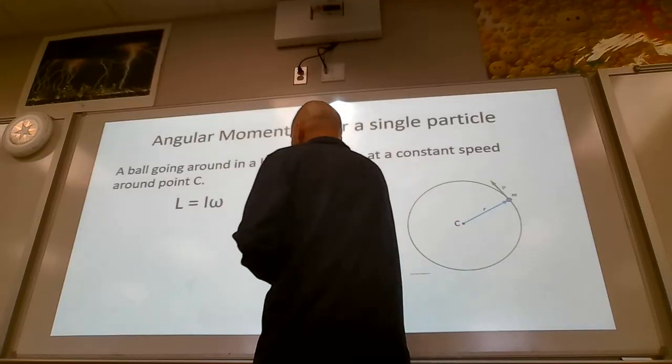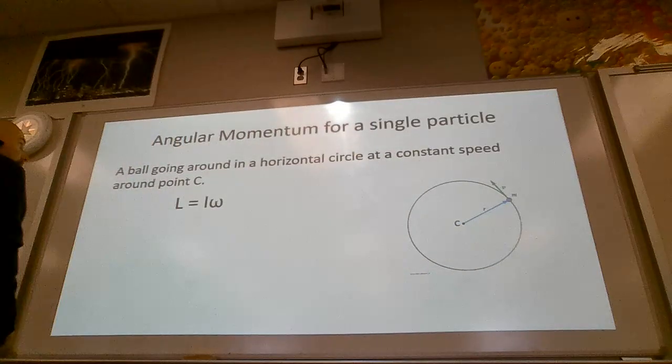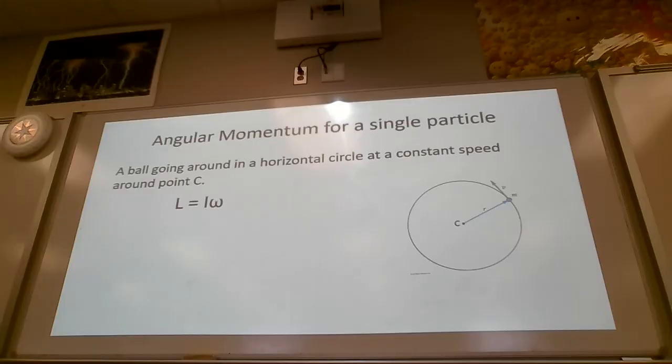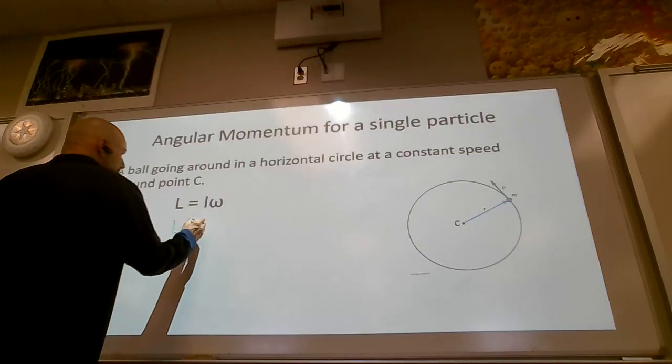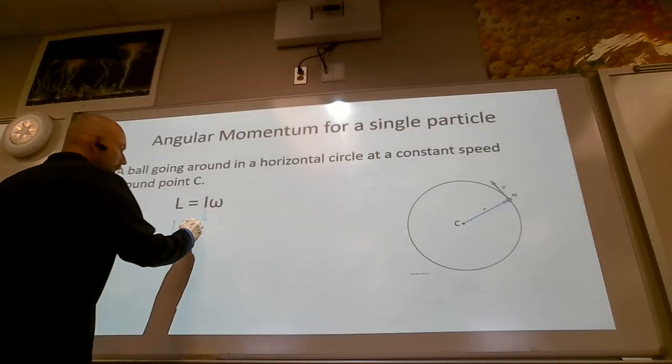So here you've got a ball going around a horizontal circle at constant speed. Angular momentum: what would be the angular momentum of a point mass? mr squared.